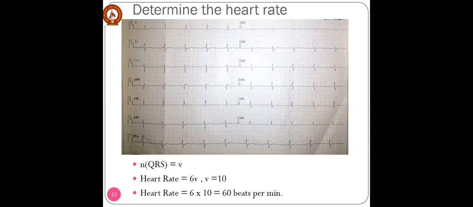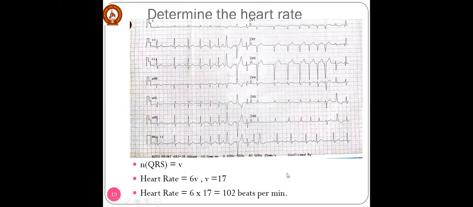The long redeem strip is usually 10 seconds. So count the number of QRS complexes within the 10 seconds long redeem strip. 1, 2, 3, 4, 5, 6, 7, 8, 9, 10. So heart rate will be 6 times 10, which is equal to 60 beats per minute.